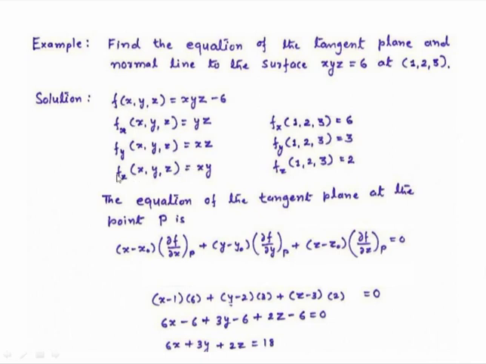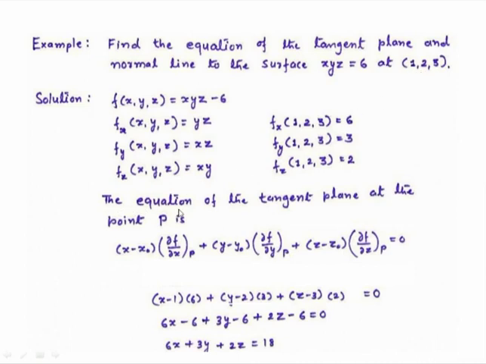And finally, the remaining third partial derivative of the function f with respect to z is xy, because the partial derivative of z with respect to z is 1 and xy is constant, so it remains as it is, and the derivative of 6 is 0. So f_z at the point (1, 2, 3) is equal to 2, because x is 1 and y is 2 at this point.